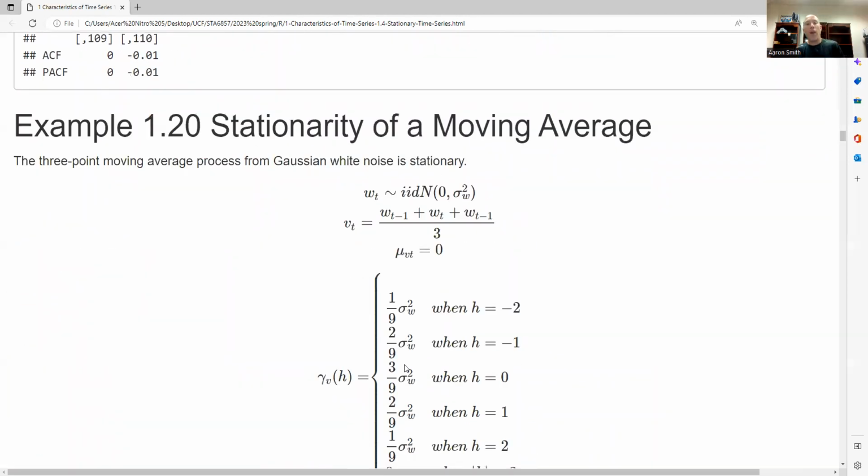All right, so now let's take a look at the stationarity of a moving average. We looked at this example in a previous video, where we take the average of 3 consecutive points, where the original time series is IID Gaussian normal random variables. Here we can see very obviously that the expected value is going to be 0 across the board.